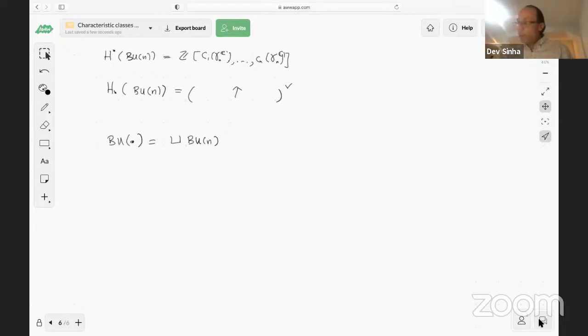The point is that this is a homotopy associative and in fact commutative monoid as a space under the direct sum, which we usually think of in terms of components, but I can really think of this as just a map from BU bullet cross BU bullet to BU bullet.